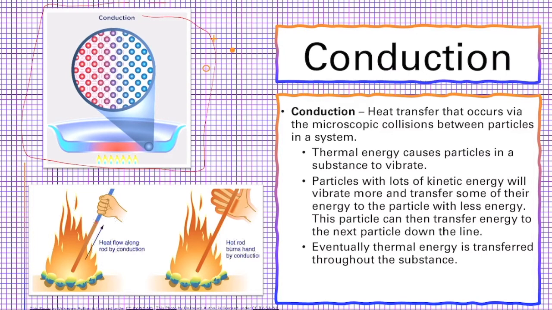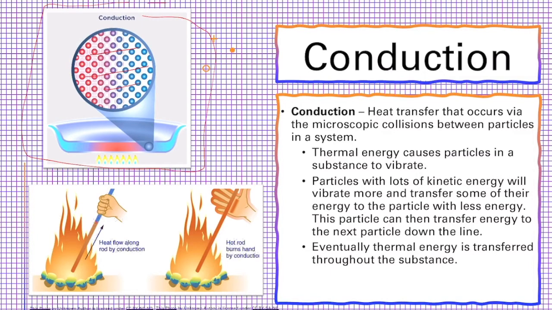They're vibrating a lot, and when they vibrate so much, they bump into the particles next to them and transfer some of that energy to the colder particles. As they gain more and more kinetic energy from the vibrations of the particles next to them, they start to heat up, and it works its way all the way across the pan until the whole pan is hot.